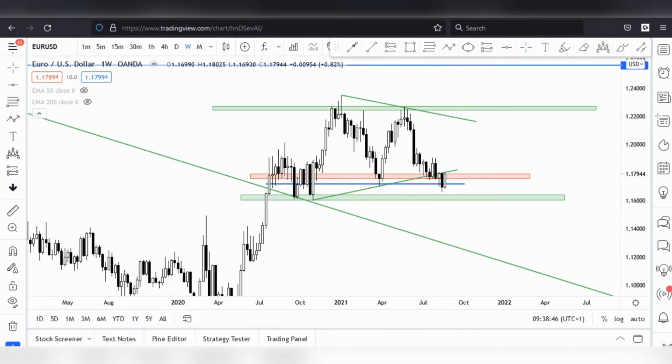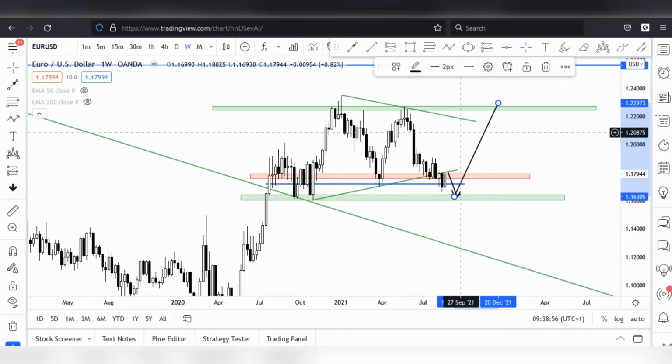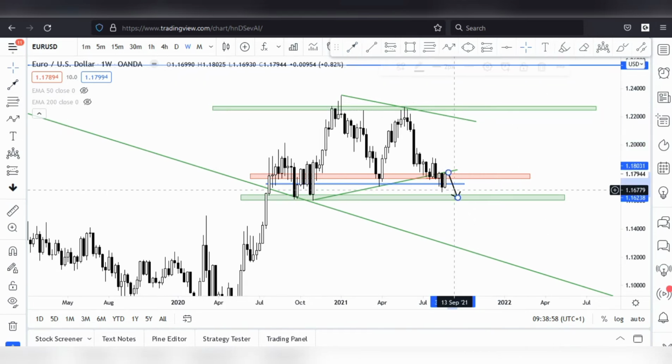There's still a possibility that price could come all the way down here before making the final up move to the top. But if that doesn't happen, then there could be a break to a continuation all the way to the top.